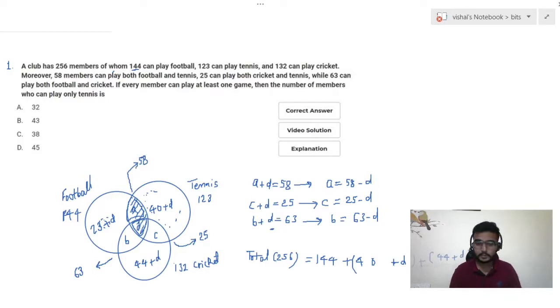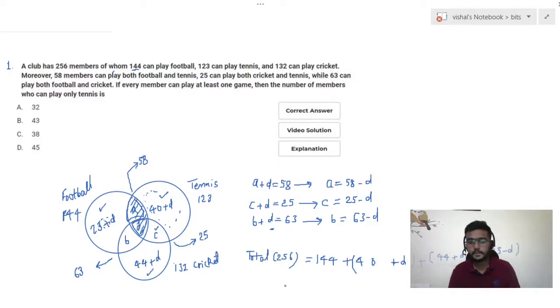Is it clear to all? And one term is remaining, which is C, so we add 25 minus D. You can verify your answer: this area, then 40 plus D, then 44 plus D, and this area C. This summation will equal 256.